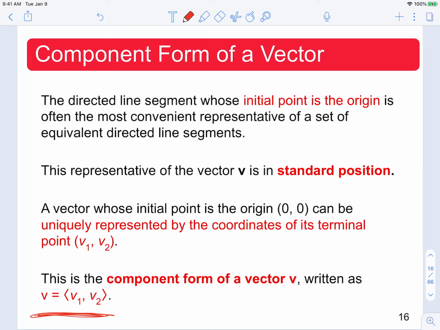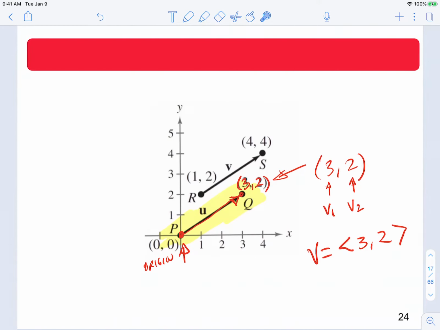This is called the component form of the vector. Also, this is called standard position. You'll notice that through the year we've used standard position in different ways, talking about angles on the unit circle. In every single case, the initial point starts at the origin, so that's an easy way to remember this.